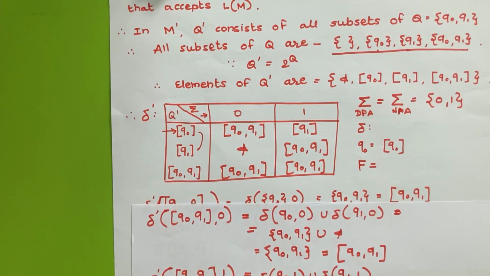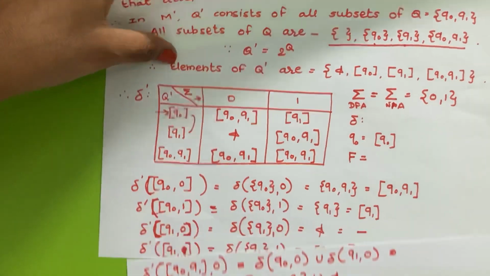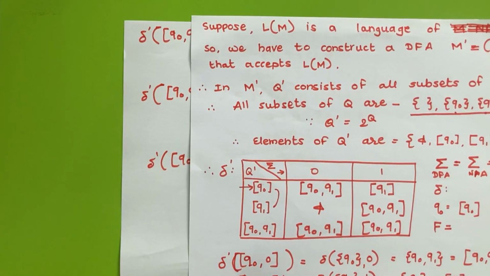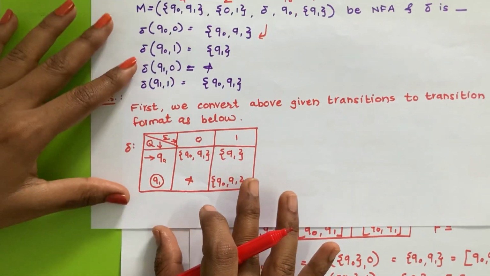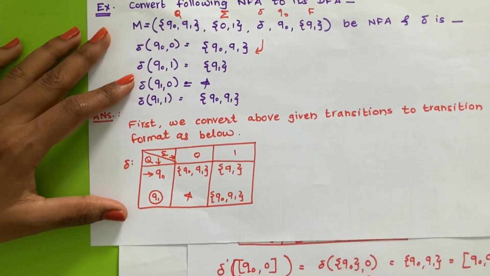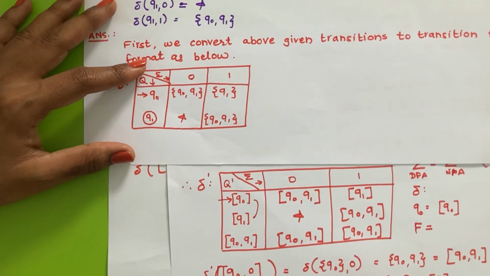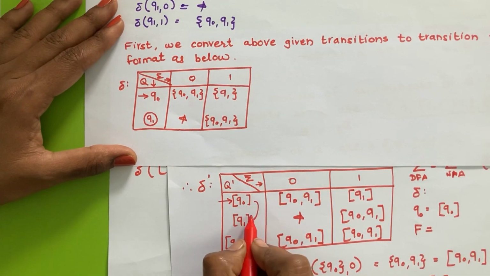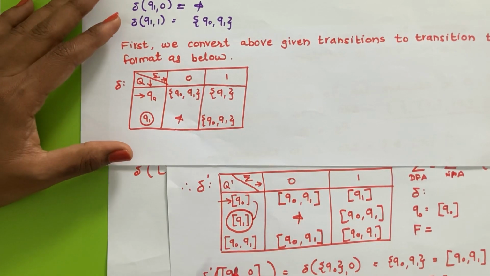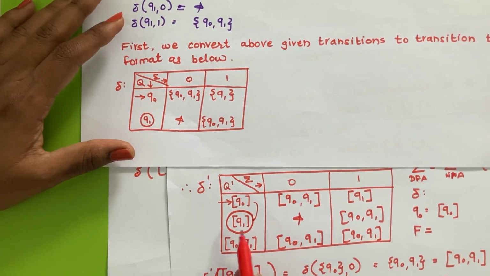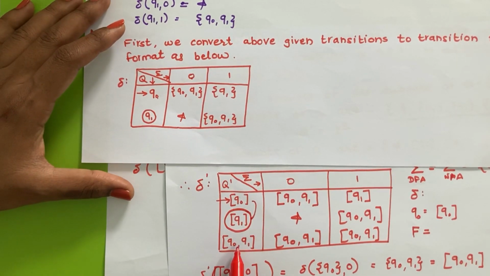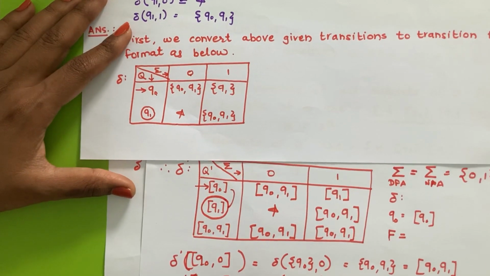Okay, so now we will see what will be the final state. In the given NFA, what will be the final state? In the given NFA, the single state Q1 is the final state. So in the resultant DFA also Q1 will be a final state, and we have circled it. Now next, all the newly formed states. Which are the newly formed states?